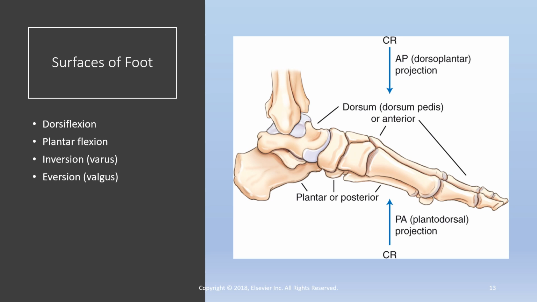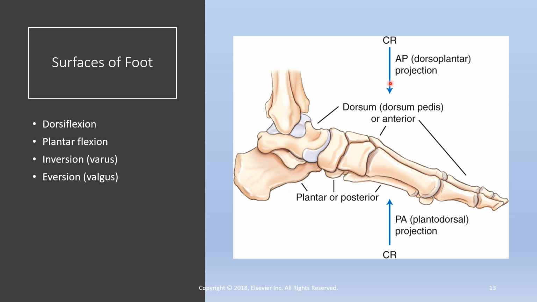Yes, page 223 has both that last picture that we referenced with the joints, which is 6.35, and on the same page, 6.36 and 6.37 are both going to be looked at. So as far as the surfaces, you've got the dorsal surface or the top of the foot, the anterior surface, and then underneath we have the plantar or posterior surface.